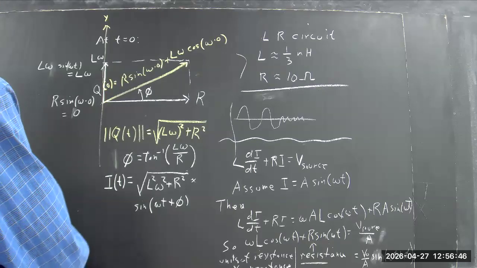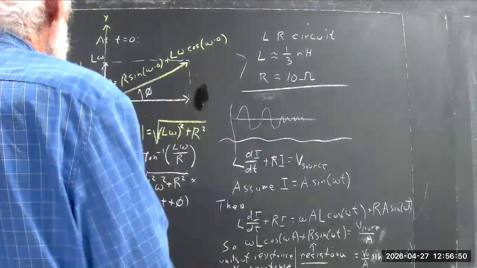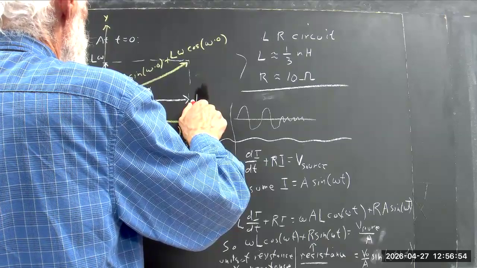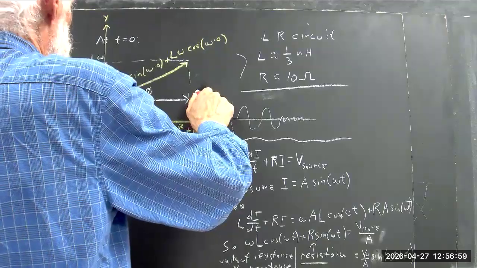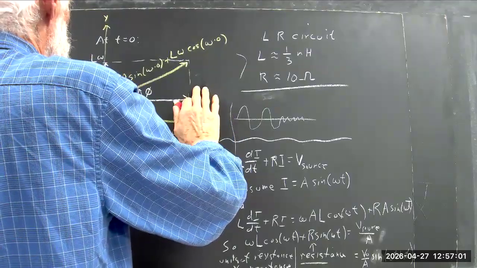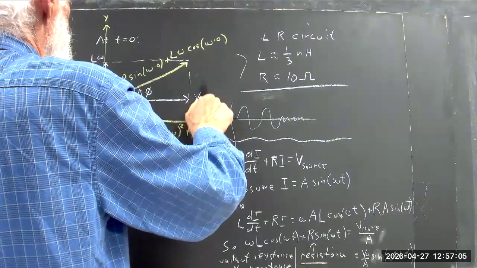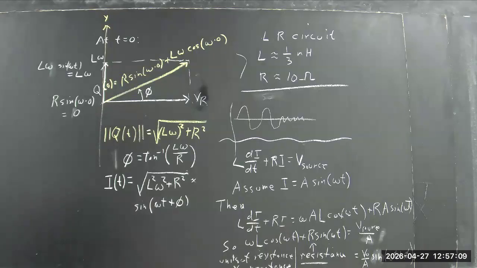So I'm going to relabel. Might have confused things by doing this. What this really is, is a voltage across the resistor.